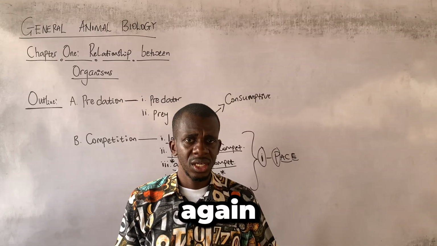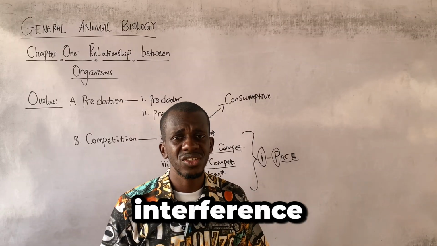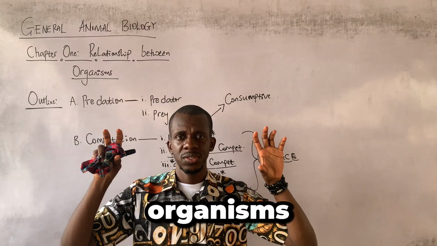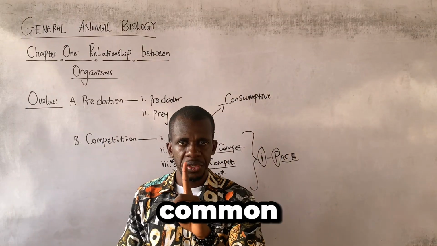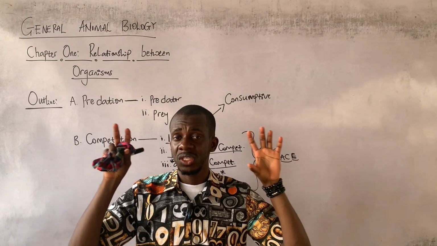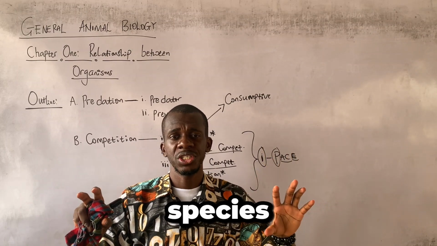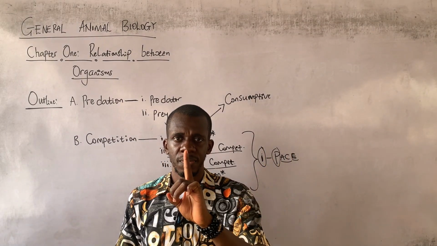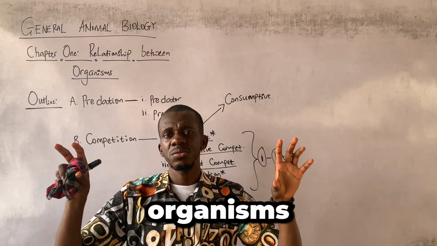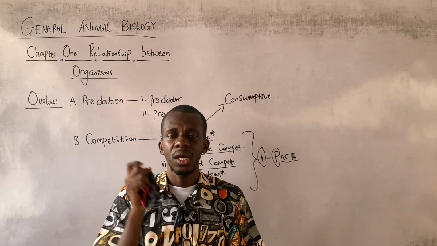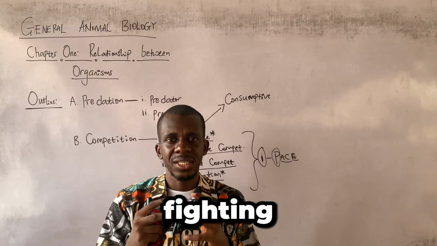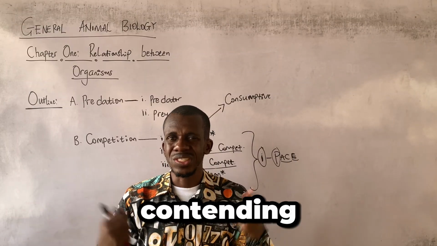I'll take that again. In consumptive or interference competition, we have two organisms competing for a common resource. Those two organisms could be of same species or different species, but they need this particular resource. Now, these two organisms do not exert any form of energy as per fighting or dragging for it or contending for it.